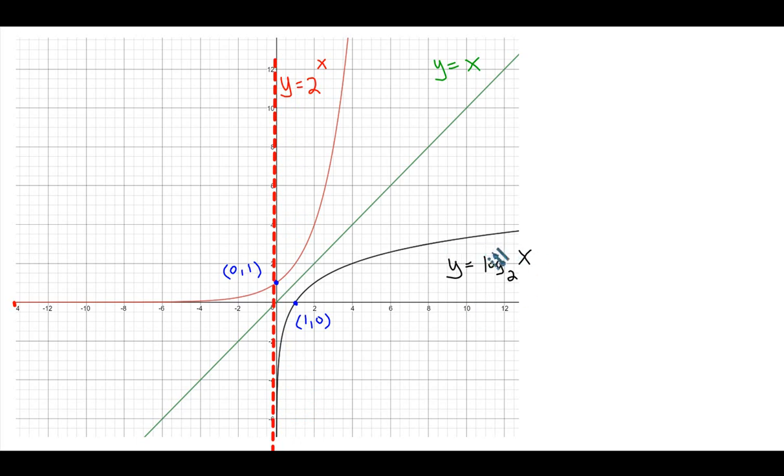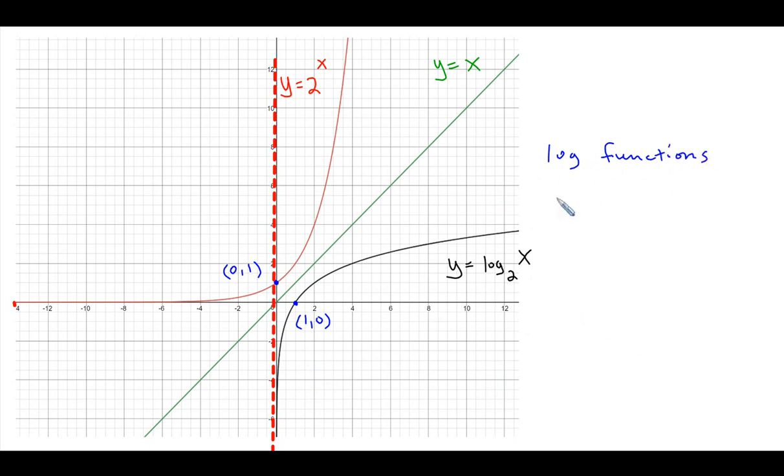As this graph goes down, it gets really, really close to this vertical asymptote, but it will never cross it. Functions can never cross vertical asymptotes. They can sometimes cross horizontal or slant asymptotes, depending on the function, but functions will never cross a vertical asymptote.